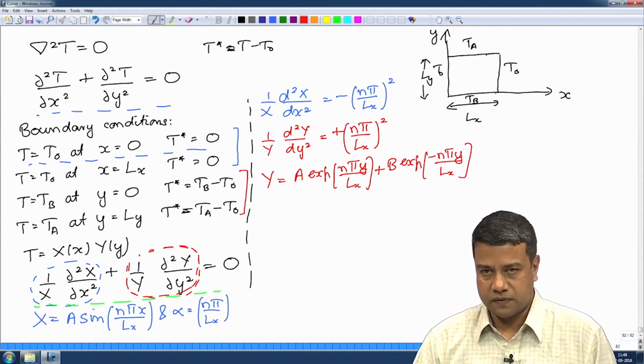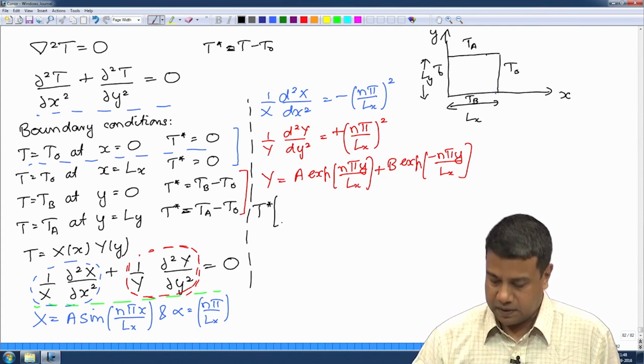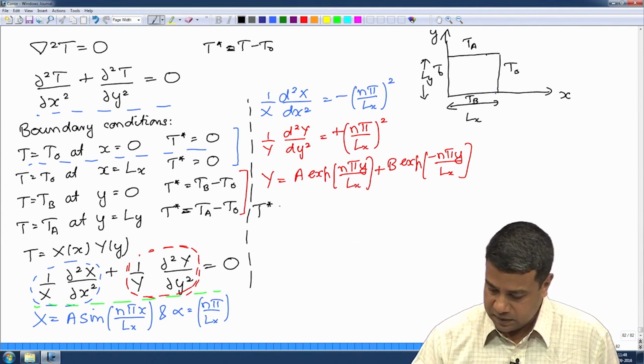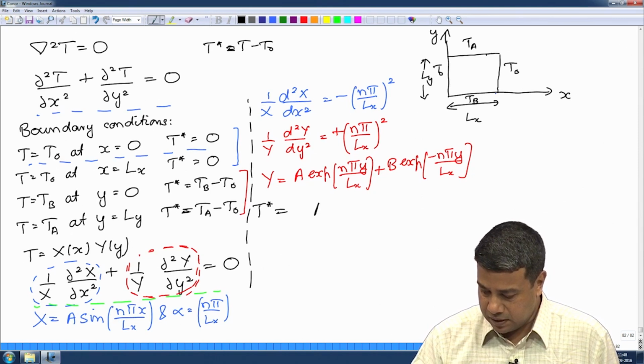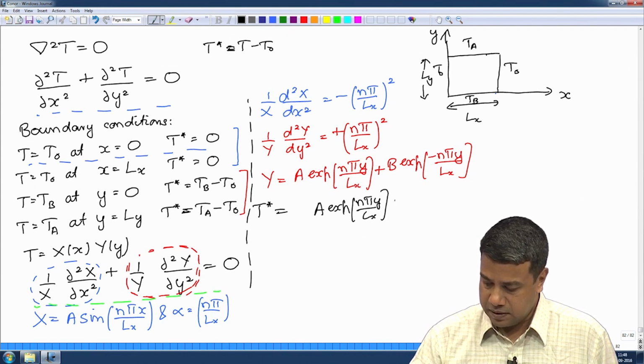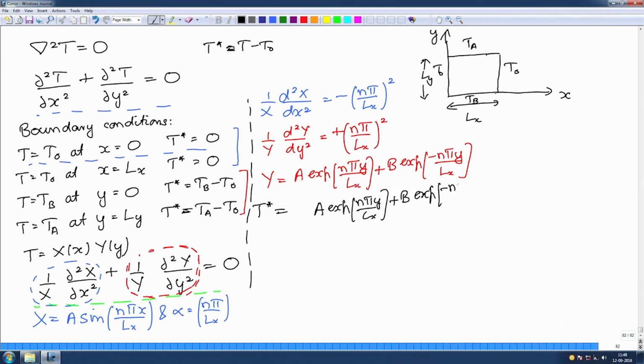So, a general solution for this will be that the temperature is equal to A exponent of n pi y by Lx plus B exponent of minus n pi y by Lx.